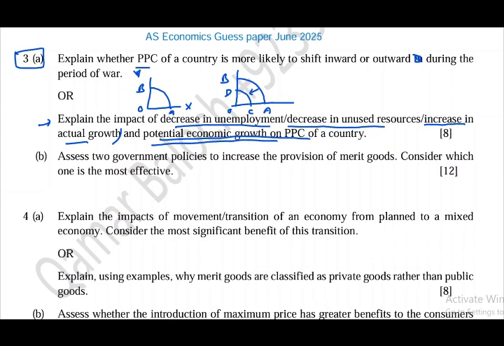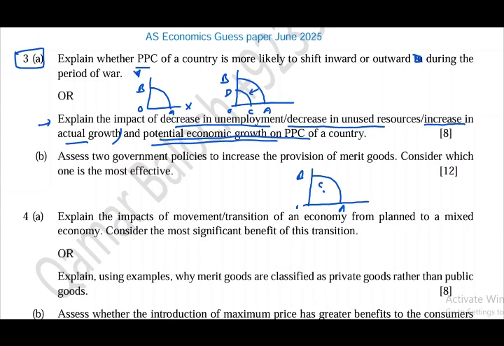Okay, so again you will have to define what PPC is, and how to show unemployment or unused resources on the PPC diagram. Unused resources or unemployment is shown with a point inside the PPC. Let's say this is the initial PPC diagram OAB. Any point inside the PPC, that is point C, let's say, shows unemployment of resources, right?